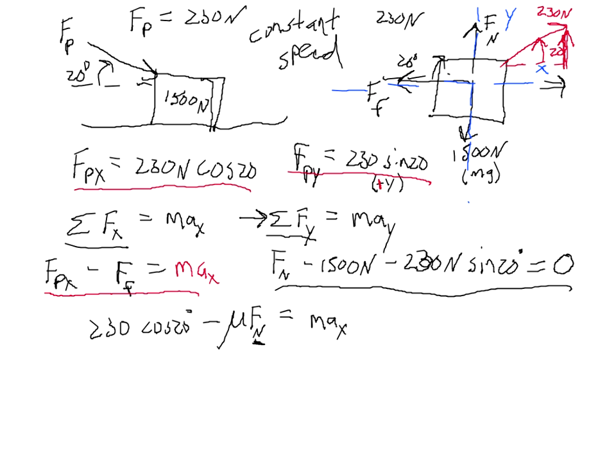Now, the normal force is not going to be the same thing that it was in A, because in part A, we were pushing down, and in part B, we're pulling up. So let's look carefully.